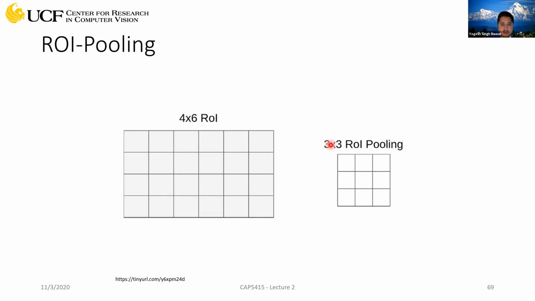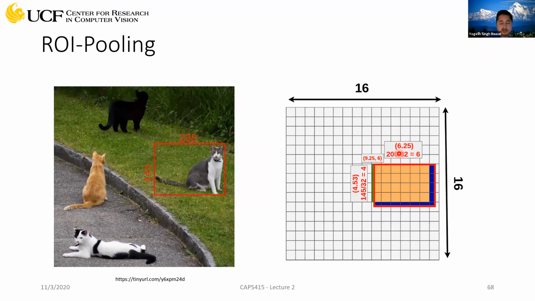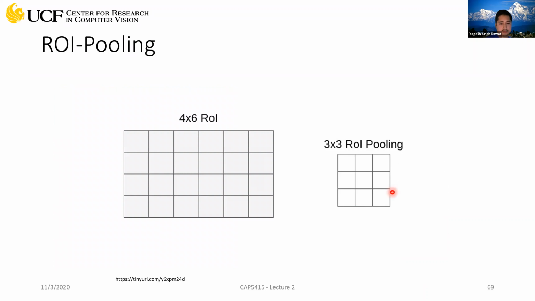So if it's 3, then you will try to divide it by 3, but it's not perfectly divisible. So we'll just ignore the rest. Again, so this was quantization number 1, when you have to map your proposal bounding box onto the feature map, right? And this is the quantization number 2. So this is like when you're actually performing the pooling operation.